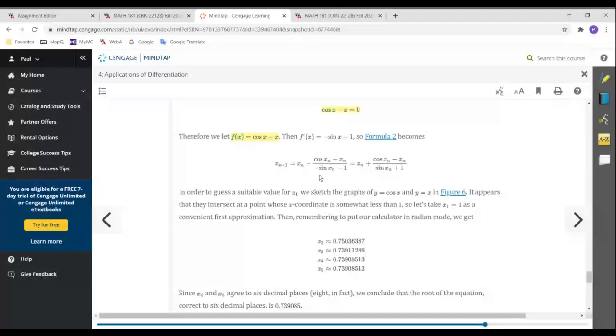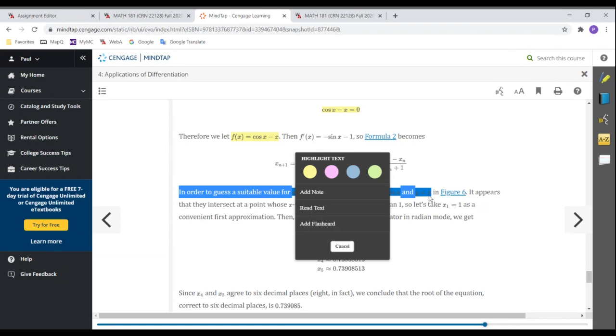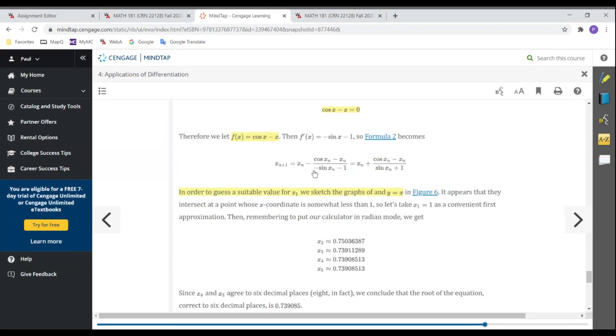It's not too hard to get the function. Newton's method, we just apply it, but the starting point matters. So they say, in order to guess a suitable value for x1, they sketch the graphs of the cosine and y equals x in figure 6.